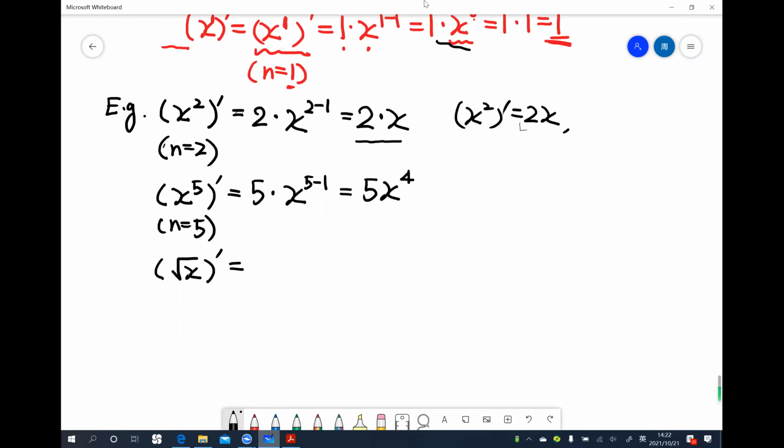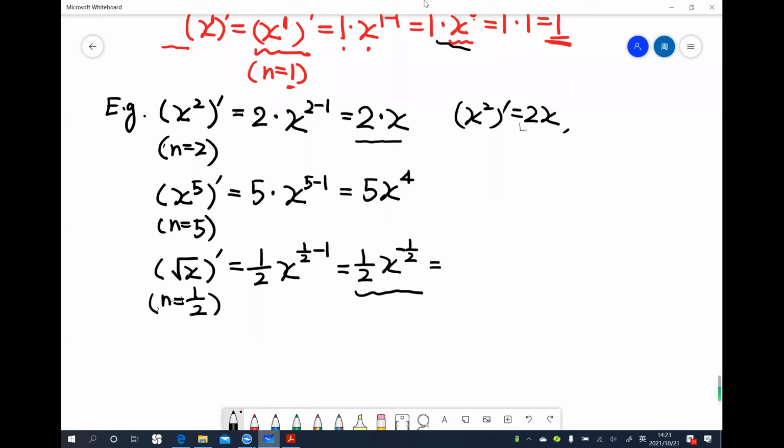Here, as you know, n equals to 1 by 2, right? So we can use the formula: 1 by 2, x power 1 by 2 minus 1. So that is 1 by 2, x power minus 1 by 2. You can write it as this, or x power minus 1 by 2, that is 1 by square root of x.